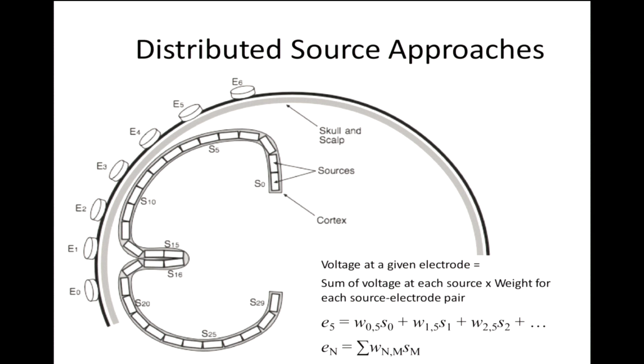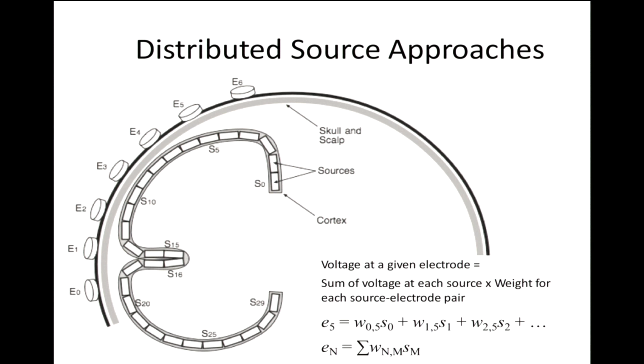There are many sources, all distributed all over the brain, but at any moment in time, at any electrode, the voltage value is again a weighted linear combination of all your different sources. So you have different weights for all these sources.